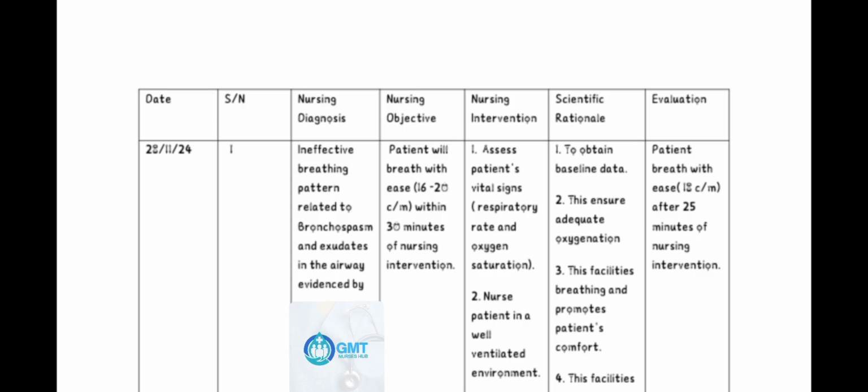These chemicals act on the airway, causing bronchospasm or constriction of the airway. And then the goblet cells are stimulated to secrete mucus, and there's excessive secretion of mucus. So there is tightness of the airway or bronchospasm, and there is release of mucus.